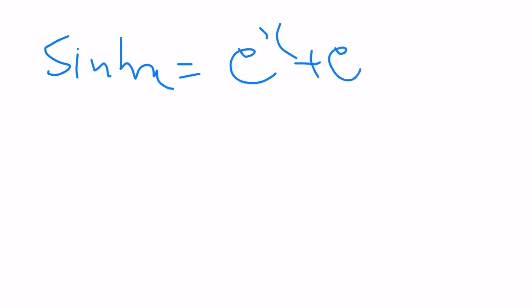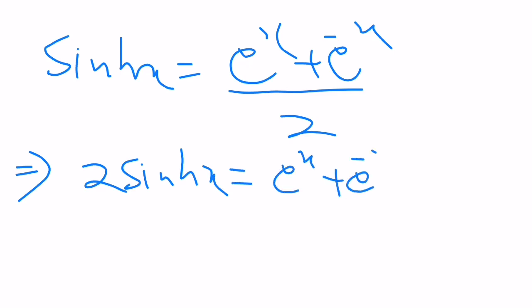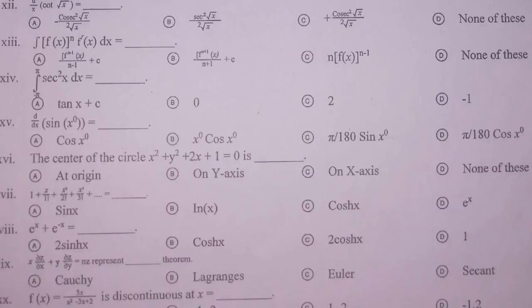We know that sine hyperbolic is equal to e power x plus e power minus x divided by 2. So 2 times sine hyperbolic is equal to e power x plus e power minus x. The correct option is 2 times sine hyperbolic x.